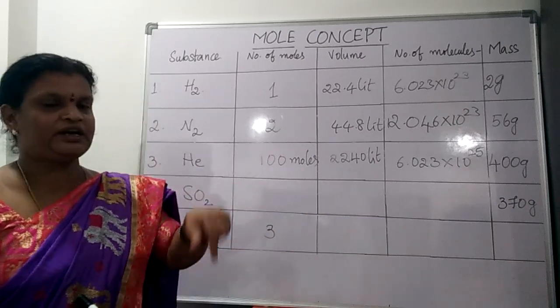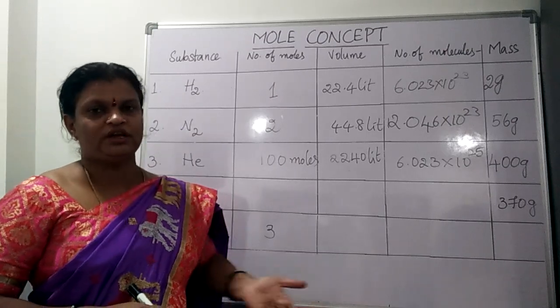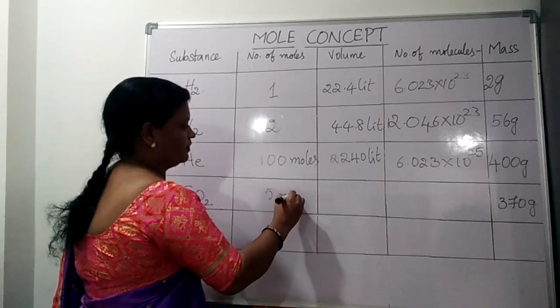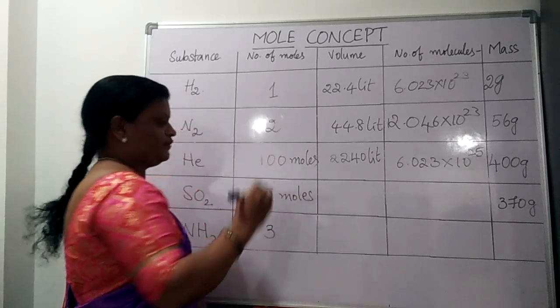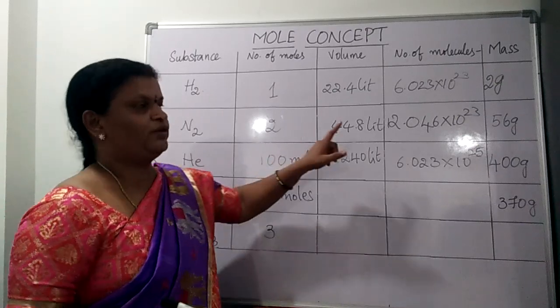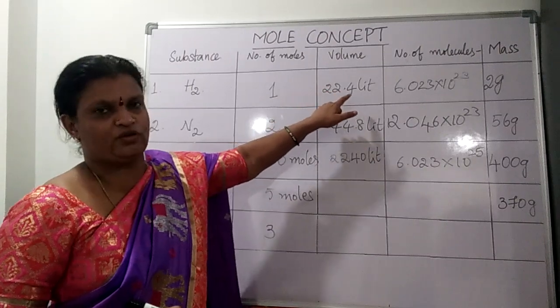1 mole 64 grams. How many moles? 370 divided by 64. That is nothing but 5 moles. If it is 5 moles, then what about the volume? 1 mole 22.4 liters. 5 moles 5 into 22.4 liters.